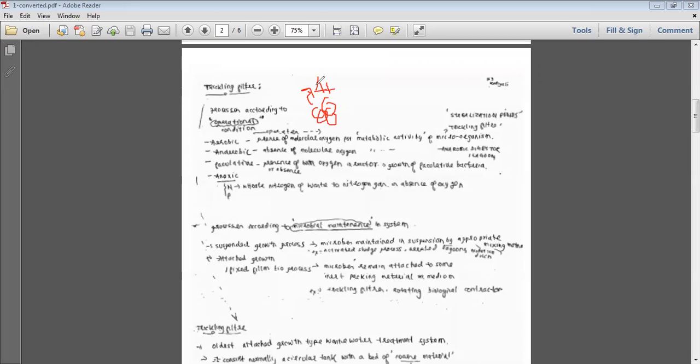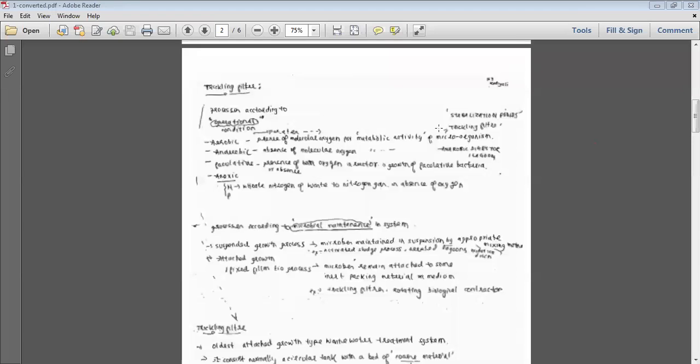We are going to use this concept for the attached growth process. So you can think all of these are stone. How we can grow this, you can see in this trickling filter.